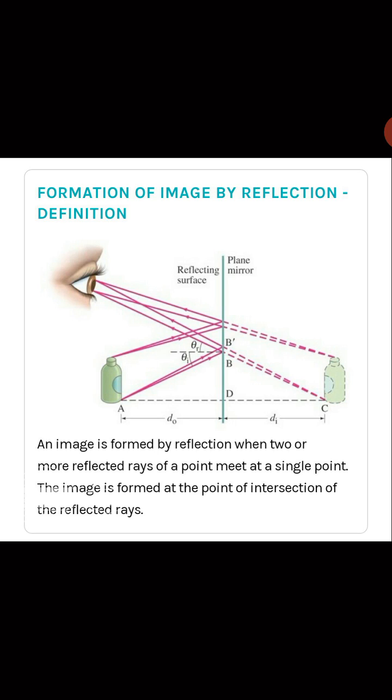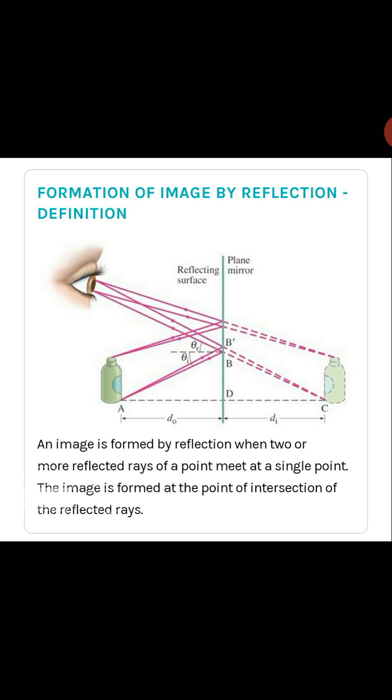So if you keep an object in front of a mirror, there is a bottle to the left. Let's see the point A in the diagram. A bottle is kept at point A, and now when light falls, when can we see an object? We can see an object when there is light around it. You cannot see anything if there is darkness everywhere.